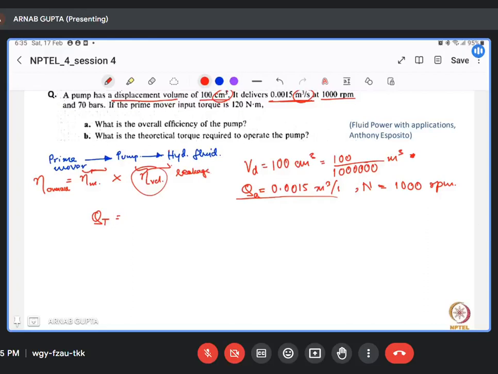Leakage can happen due to multiple reasons: if the parts get worn off, or if there is some elastic deformation of the parts, then this type of losses come into the picture, and that is taken care of by this volumetric efficiency term. So QT is basically the volumetric displacement, that is the volume of liquid that is displaced per unit cycle of operation of the pump, multiplied by the RPM.